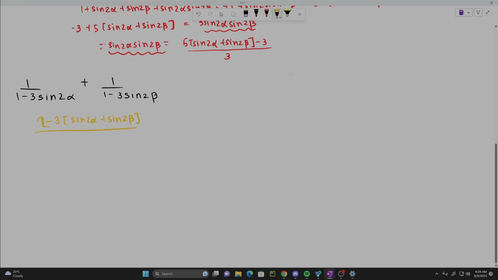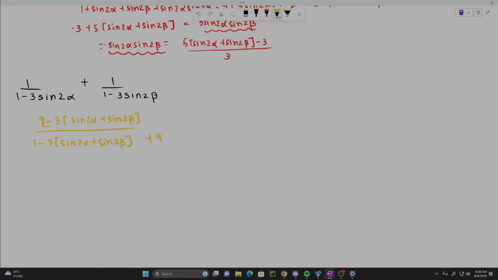Let's make this 2. Upon, we'll get 1 minus 3, the same thing, plus 9 times of what we just found out here, right? So this is where I realized we'll arrive at the answer.